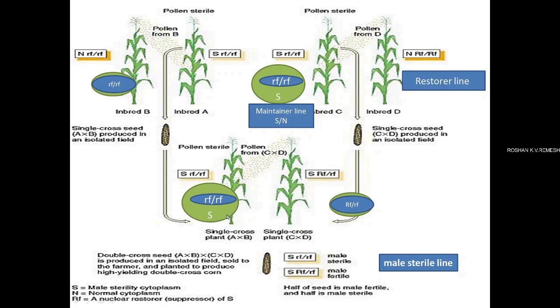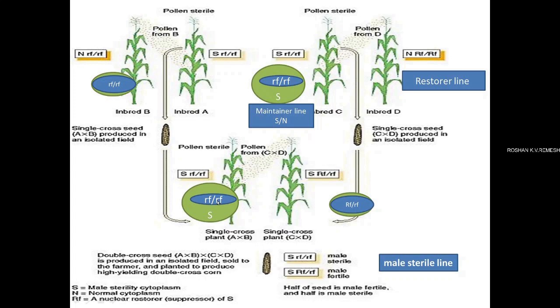Now we are going to pollinate this egg with the pollen. All of the progeny have sterile cytoplasm, because the cytoplasm is inherited from the female plant. And for the nuclear gene, the RF is crossing with rf, so one progeny is heterozygous, and again small rf with small rf, so the remaining half is homozygous recessive.